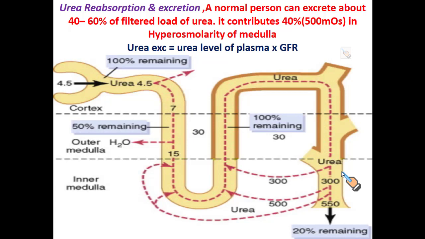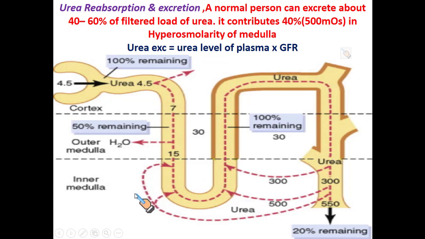In continuation of my previous lecture on the countercurrent mechanism, we have discussed the role of sodium and how sodium accumulates in this area, the inner medulla, and how hyperosmolarity is produced for the first time.